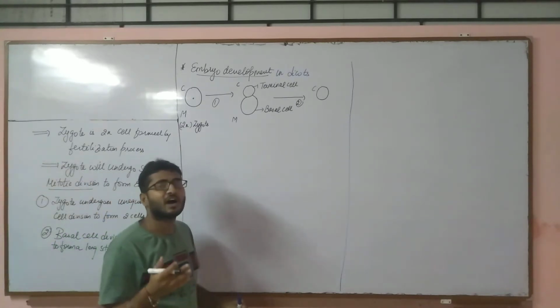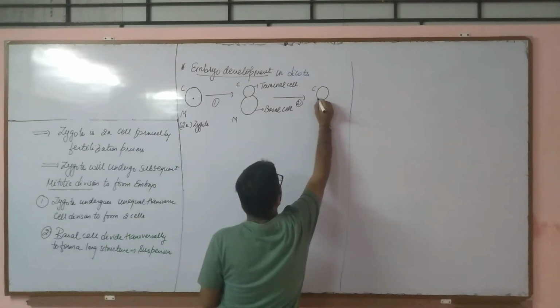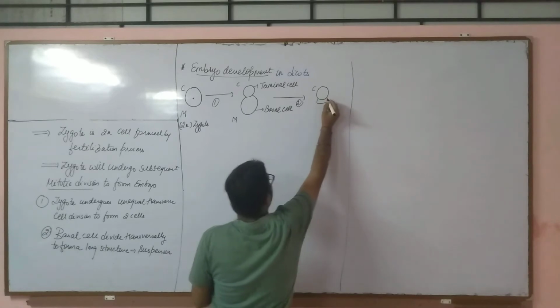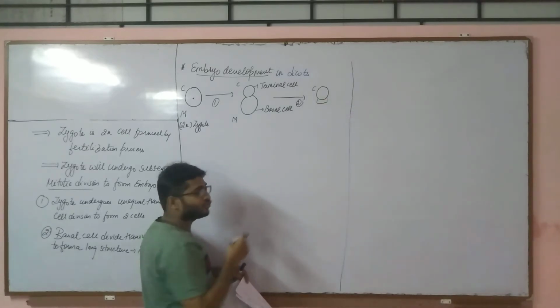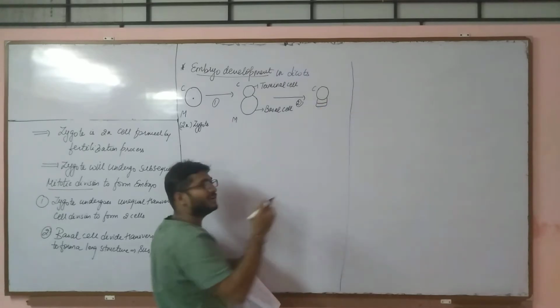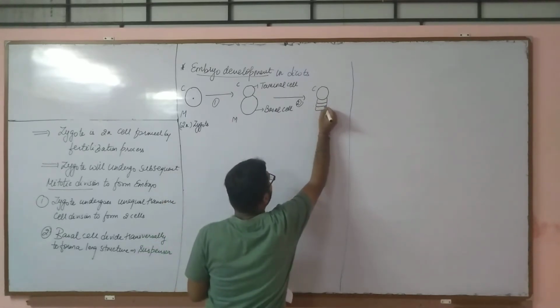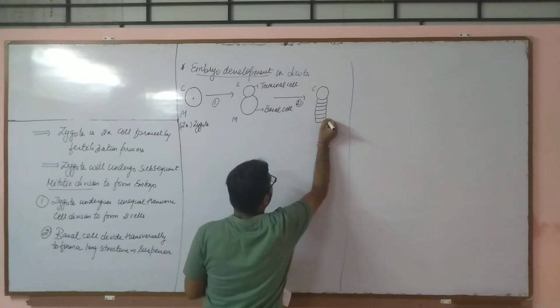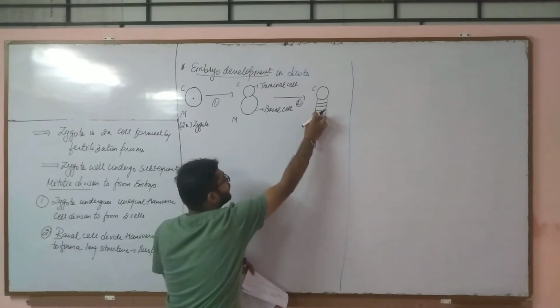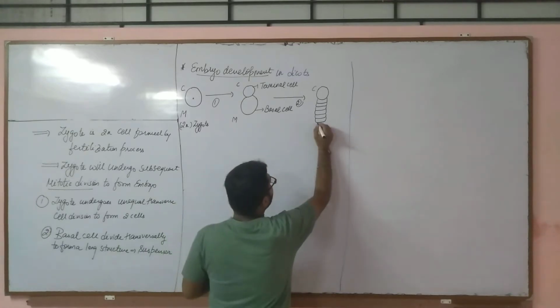So now let us see how this division takes place. Say for example, this is the first basal cell. This basal cell will divide to form 2. These 2 will divide to form 4, 1, 2, 3, 4. Now these 4 will divide again to form 8 cells like this.